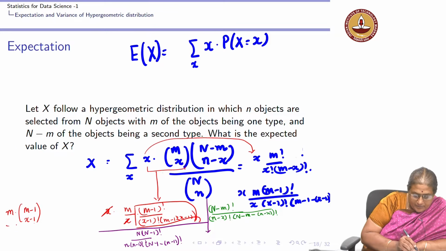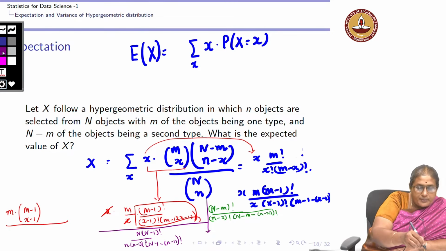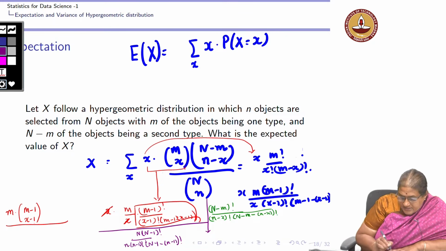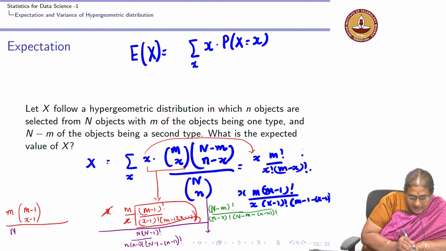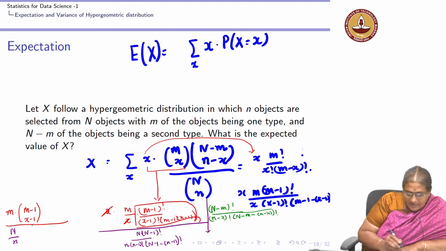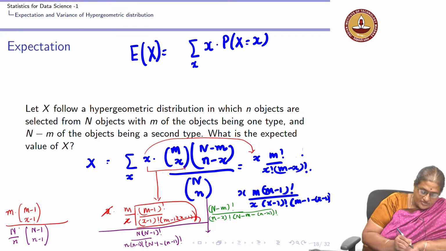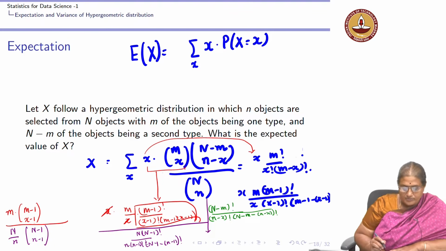Now, let us look at the purple portion. I have N divided by n into, I can write this as N minus 1 choose n minus 1, because I have an N minus 1 factorial and n minus 1 factorial. So, this is what I have from my purple.